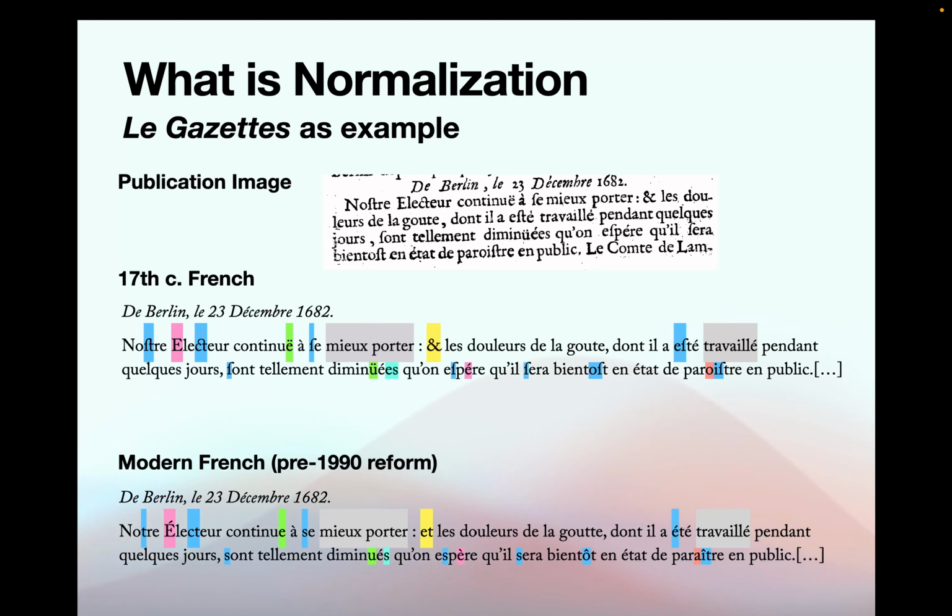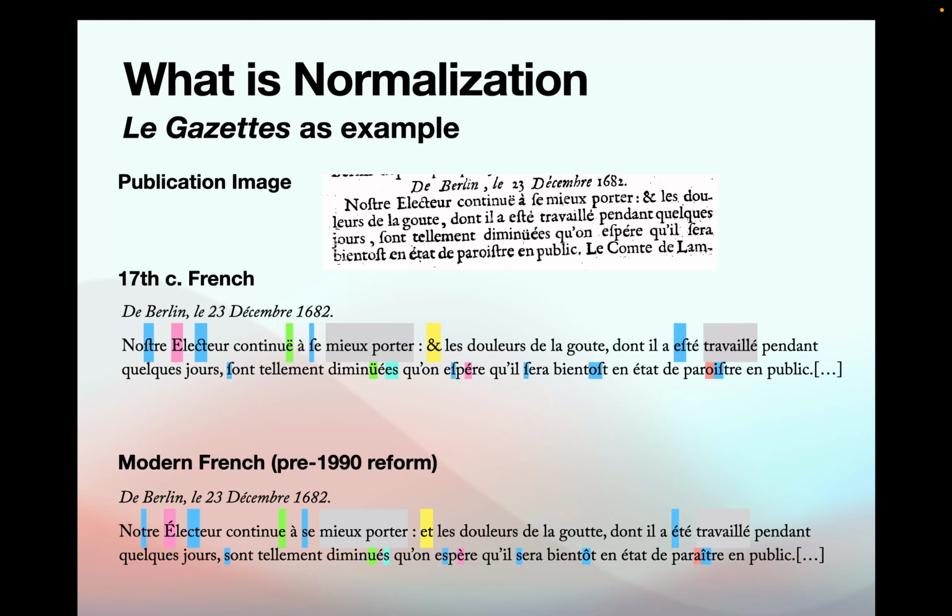And now, let me walk you through an example of what the normalization process looks like in practice. We have here a scanned fragment from the Gazette, which is a material that we used in the project. And below it, we have two parallel texts of this very image.